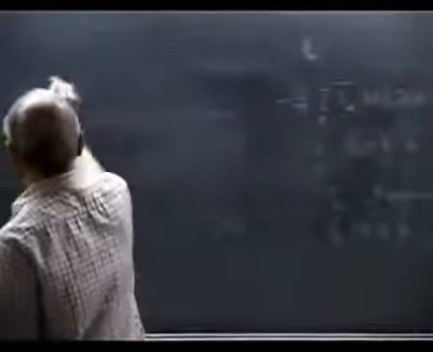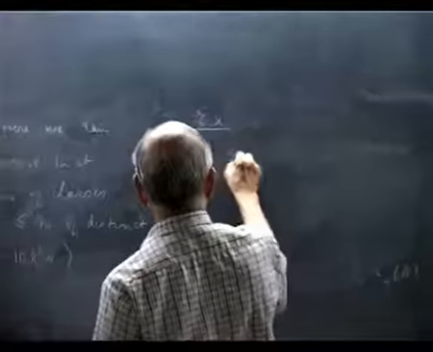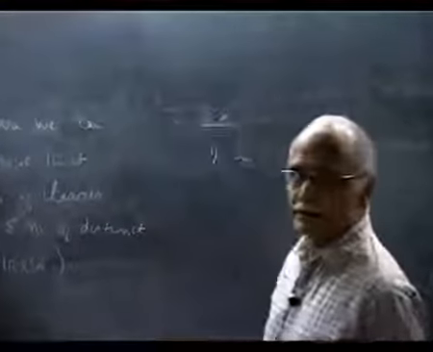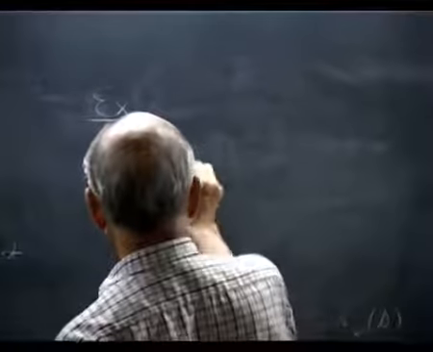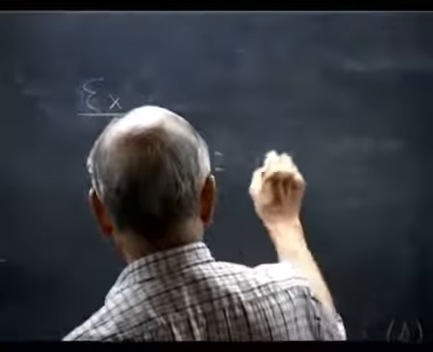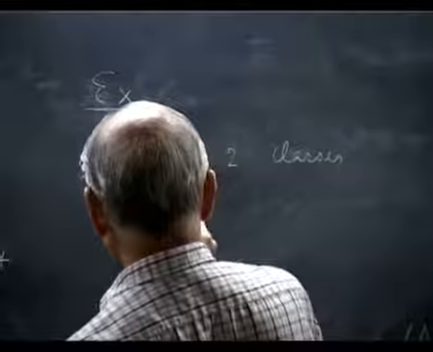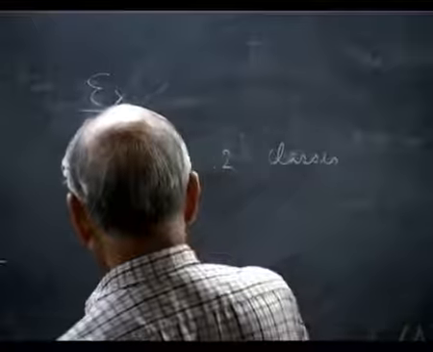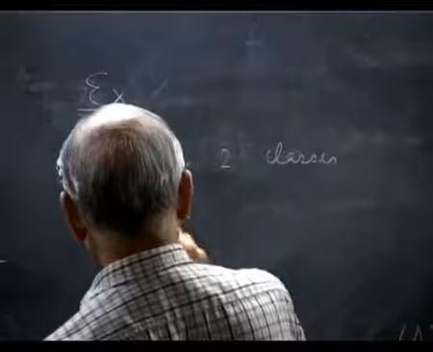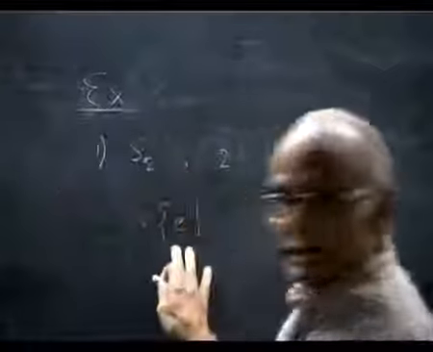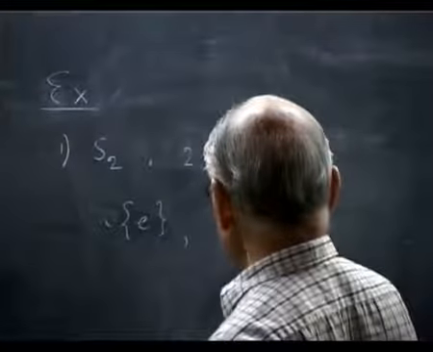Example 1. Let me take S2. Here there are two classes. One is the class containing E, the identity, and the other is the class containing the transposition.